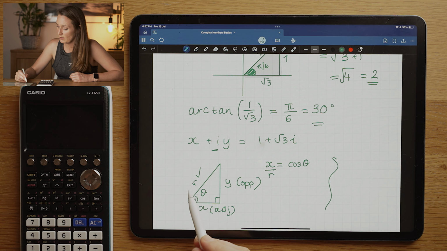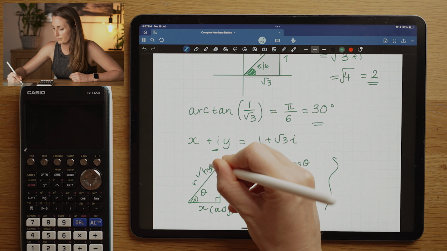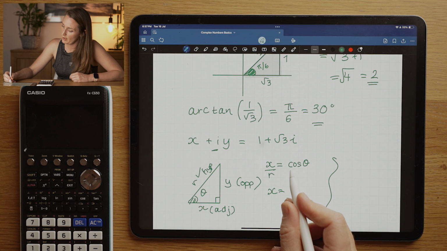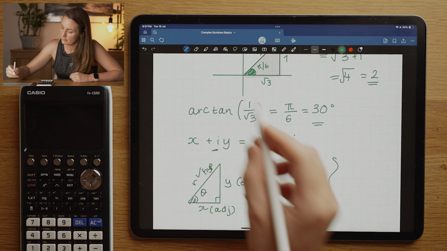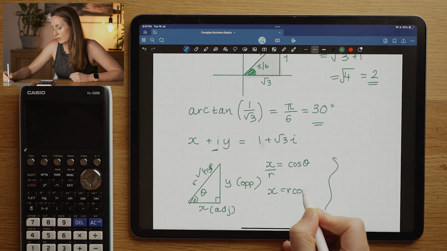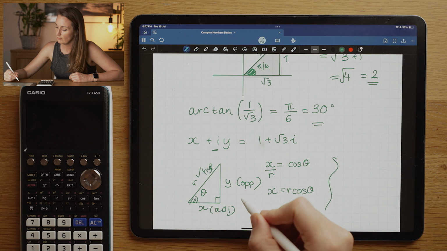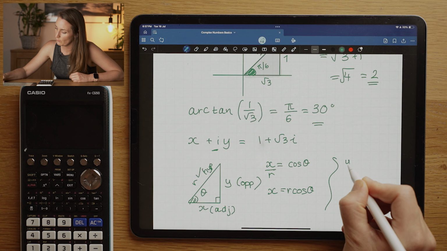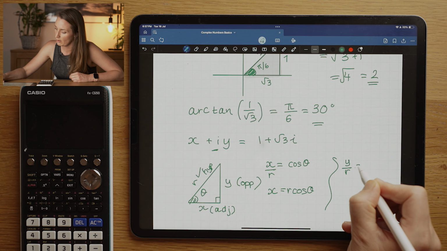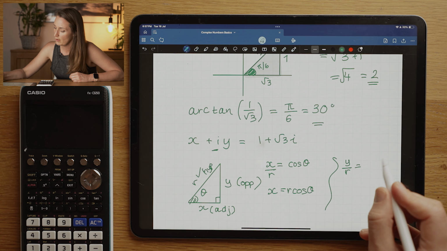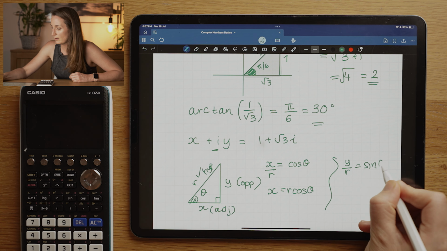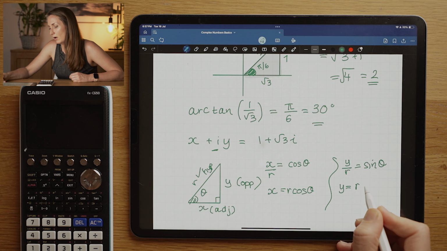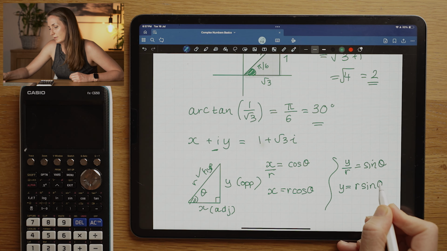That's adjacent divided by hypotenuse. If I times by r, I know that x is equal to r cos theta. I can repeat that for y. So y divided by r, that's opposite divided by hyp, must be equal to sine theta. I can times across by r, and y must be equal to r sine theta.